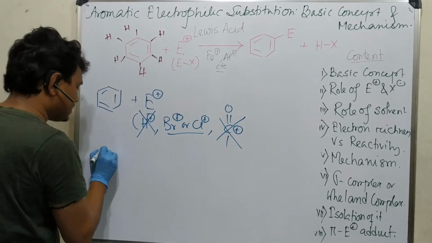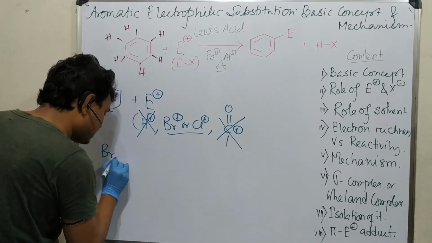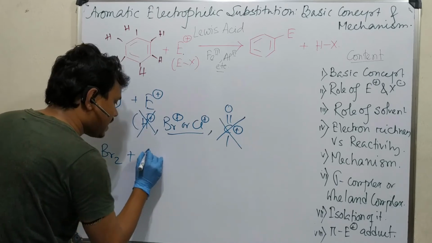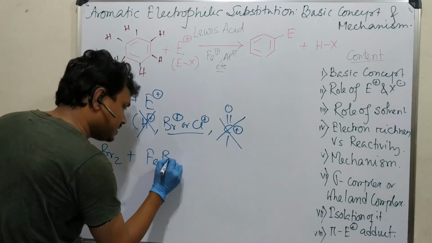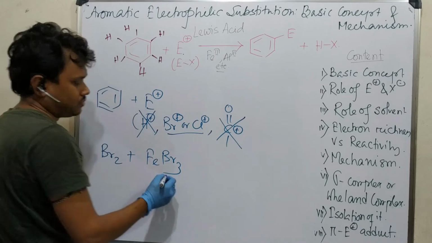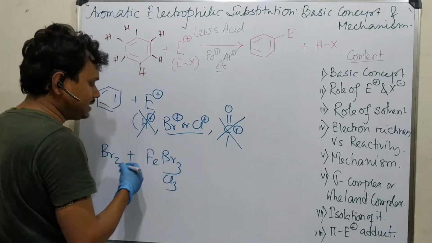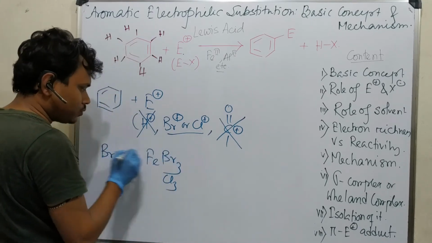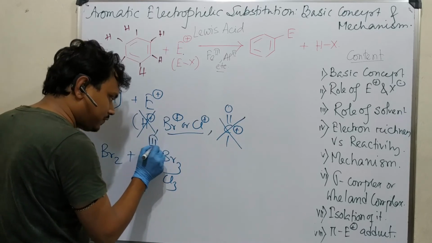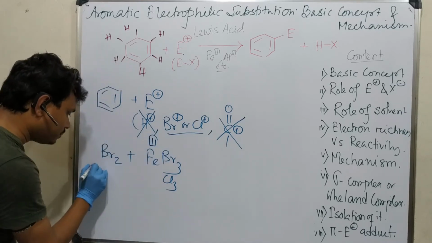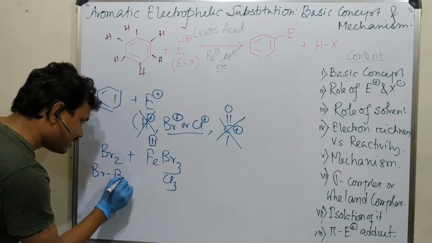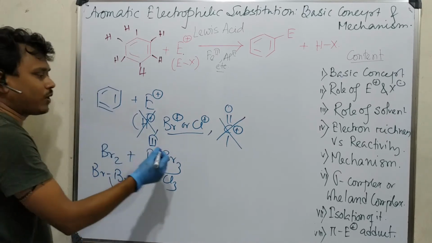So what happens? If you take Br2 plus FeBr3 or FeCl3, whichever. One bromine, because this is electron deficient, so this Br2 could be represented as Br, and this bond attacks. So what does it form?